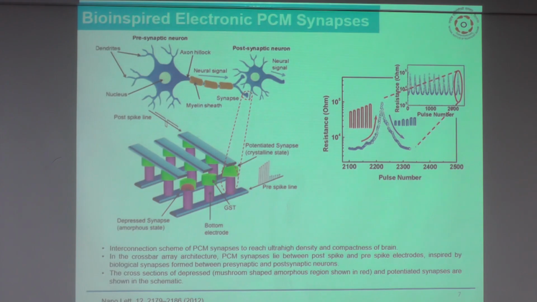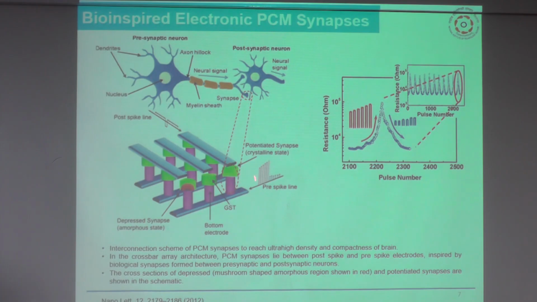Understood? You can easily control its state. And when you are able to control those states, you can easily transmit the information. You can tune. Each conductance level is carrying some kind of information. Okay? And based on that, you can convey your information from one place to another place.